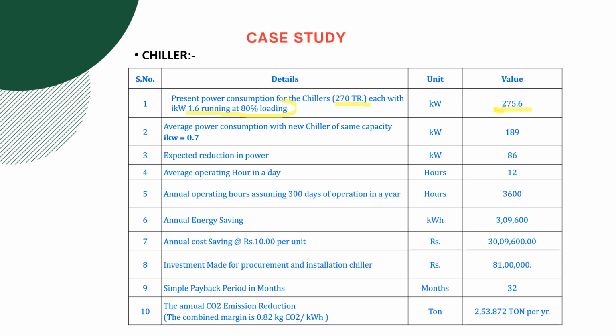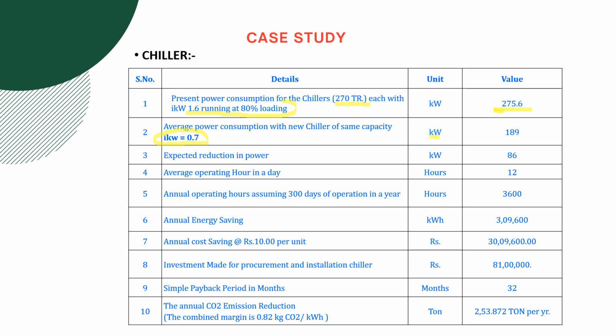Okay, now average power consumption with a new chiller of the same capacity, we have taken IKW 0.7. The range was from 0.5 to 0.7, but we are taking 0.7 at the higher end.